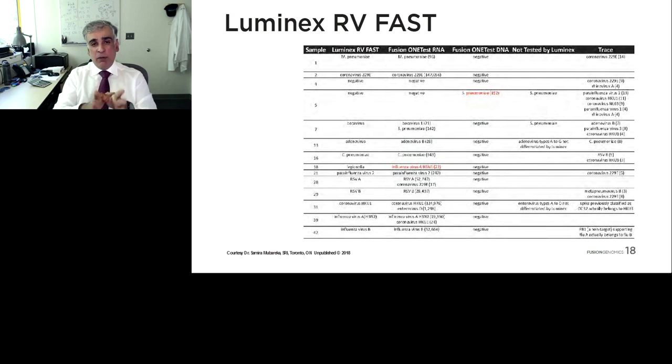And then they were also tested for the ONETest PathoGenome for the RNA and the DNA. And as you can see, we were almost 100% concordant, except for this sample number 18.